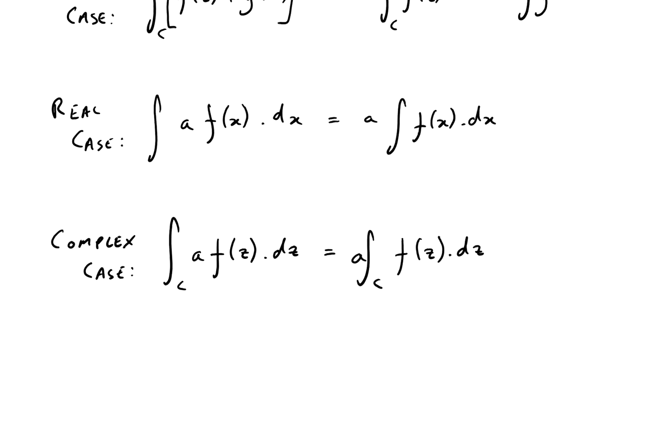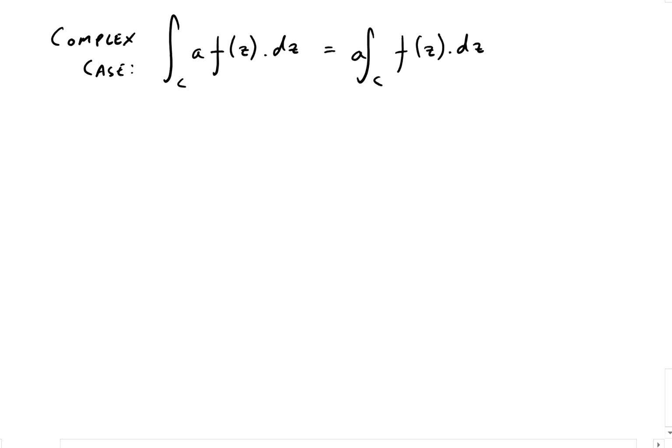It's not going to make any difference whatsoever; we just have that many times the integration, just because we've got that many times the function. It is really simple to see, but it's A-level, so I'm not going to go into much detail here. It's exactly the same in the complex case. So we have a constant multiplied by a complex function, and we can just take that constant out of the front.